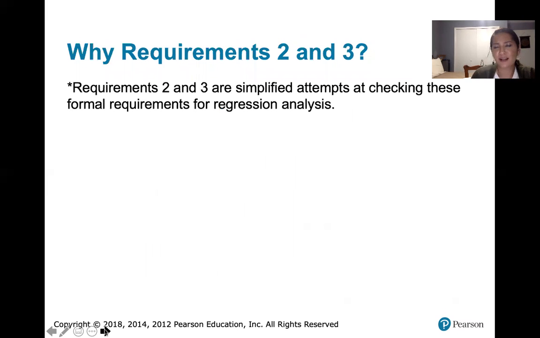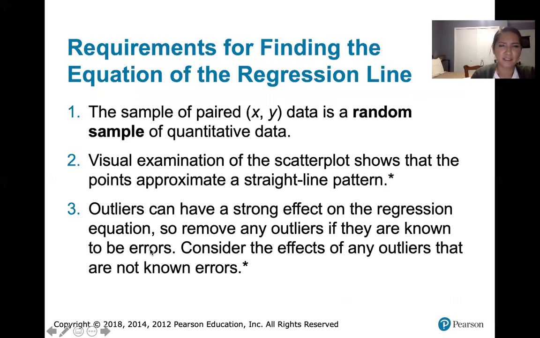We have these following three formal requirements for regression analysis. And it turns out that this residual plot that we've just looked at is an excellent way to check these formal requirements. And what's really nice about it is that it's a visual way of checking these requirements. And it may be even better than trying to check requirements 2 and 3, as we've done here.